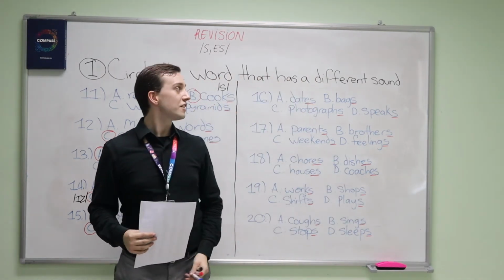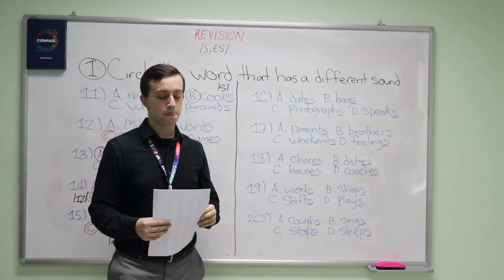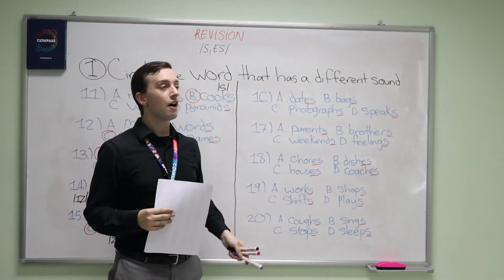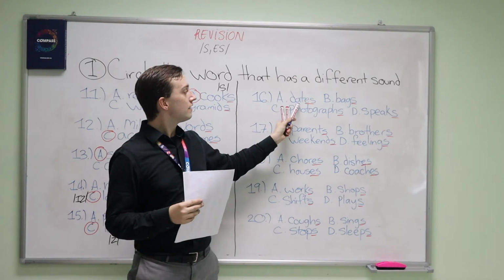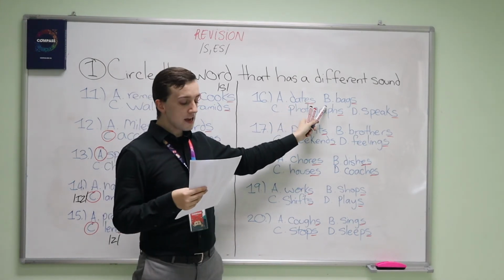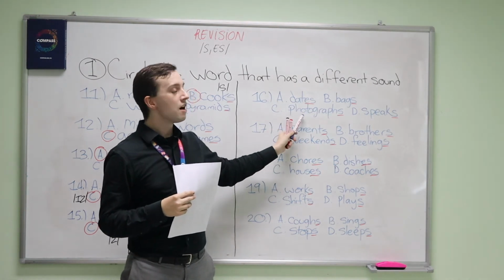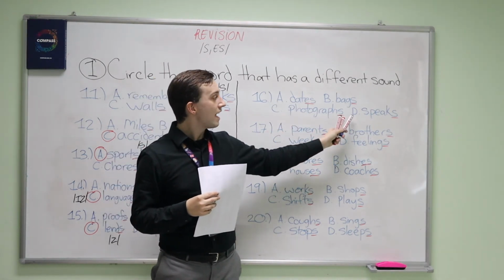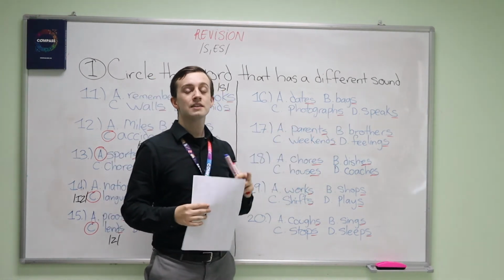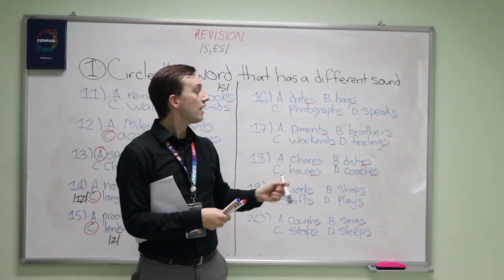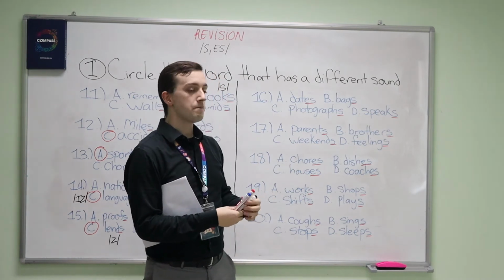Now we'll do questions 16 to 20. Okay, 16. The words are A, dates, B, bags, C, photographs, and D, speaks. In this question, the different sound word is B, bags.